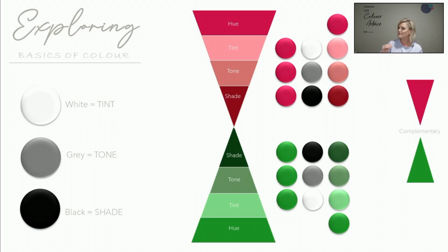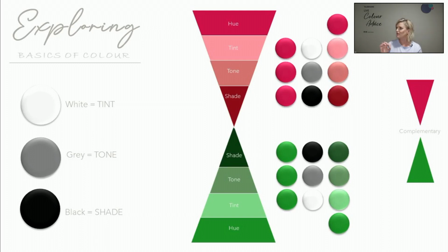So the opposite to green is red, but it's when you start to play with what's known as tint, tone, and shade, you can start to find yourself some beautiful color palettes and beautiful colors that work together really, really well. Let's have a look at the red, for example. The top is the pure color, so we've called it a hue, and then the tint is the pure color mixed with white, which creates a softer color.